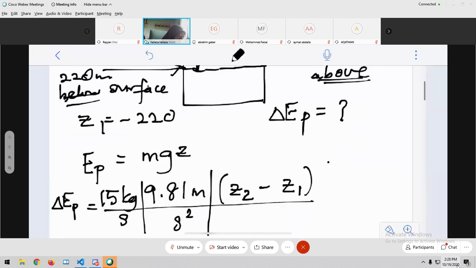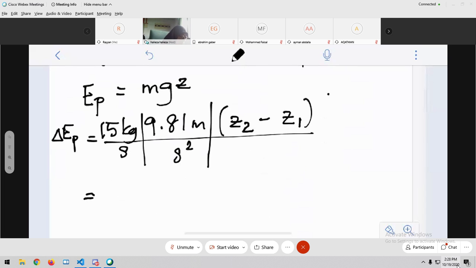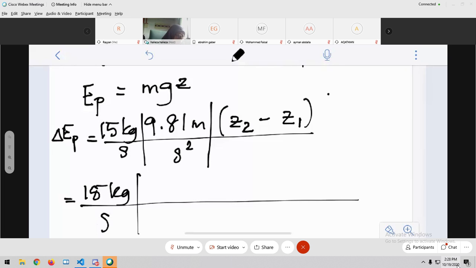Now let's put that value inside here. You will notice that we need to change the unit because energy has a unit of joules. There's no unit of joules here, so we need to convert later on to joules.